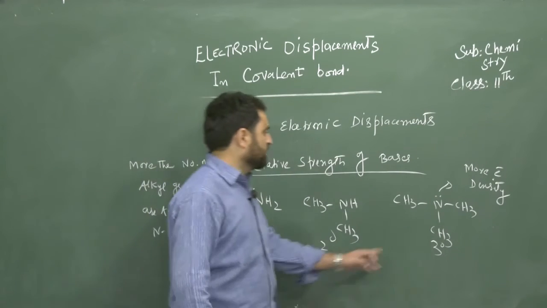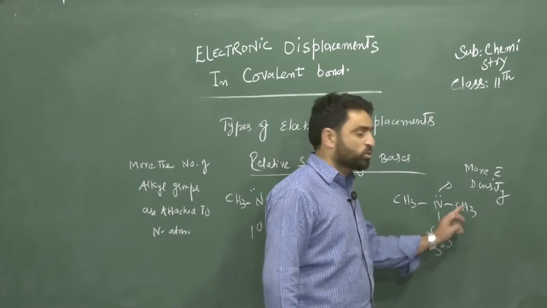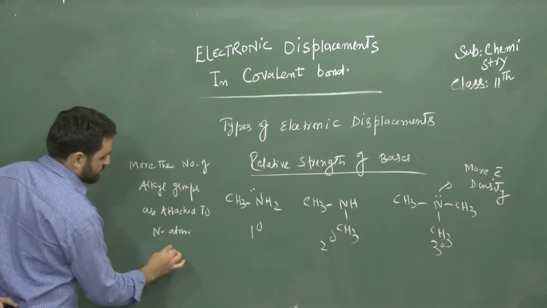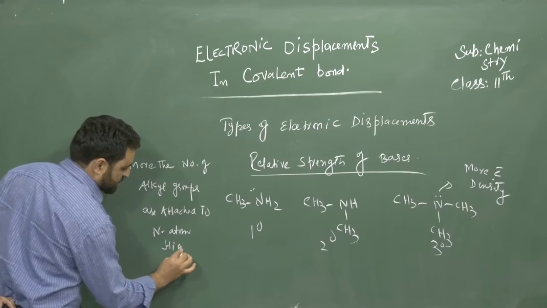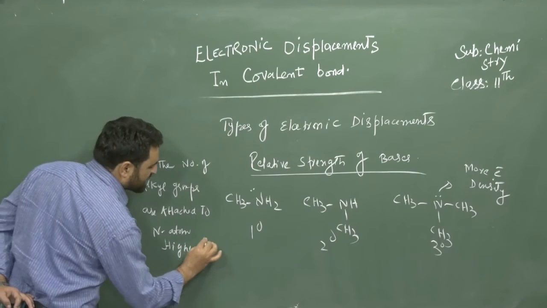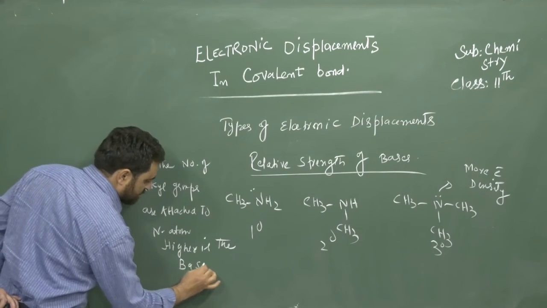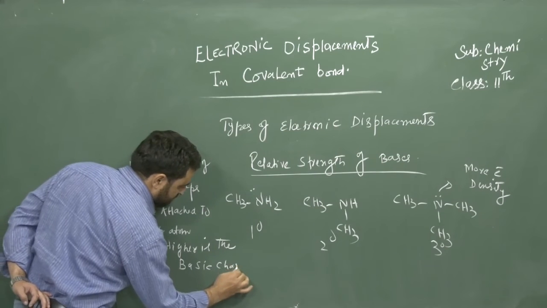Just like here, this 3 degree amine contains more alkyl groups. I am writing that the more alkyl groups attached to the nitrogen atom, the higher is the basicity. In short, higher is the basic character.